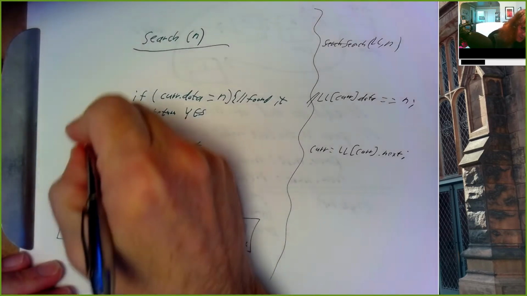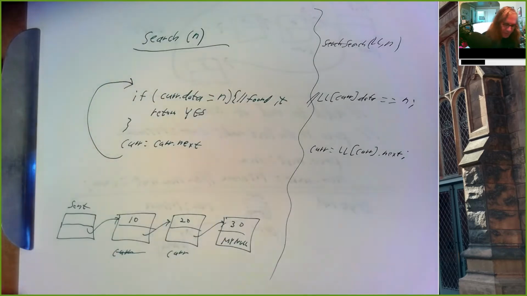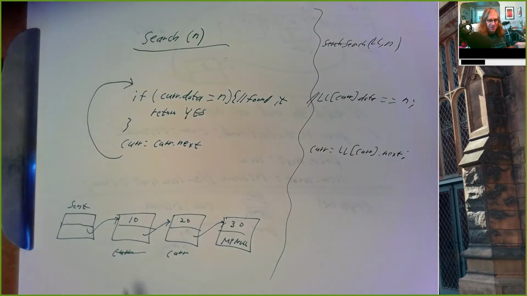So this is all going to go inside a loop. And this is going to keep moving current down from node to node to node. But there's a possibility that our node is not in the list. Maybe we're searching for the number 50 and it's not going to be found. So how do we know that we're done searching?